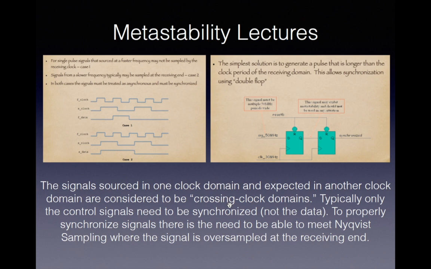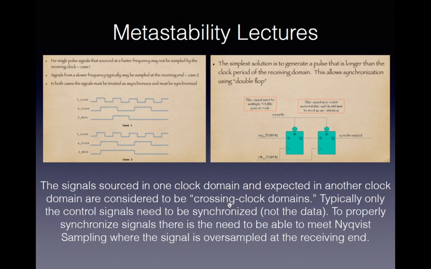So there's 2 cases. The first case demonstrates a signal too fast. So let me read it. For single pulse signals sourced at a faster frequency may not be sampled by the receiving clock. So what we have is F clock generating F data.